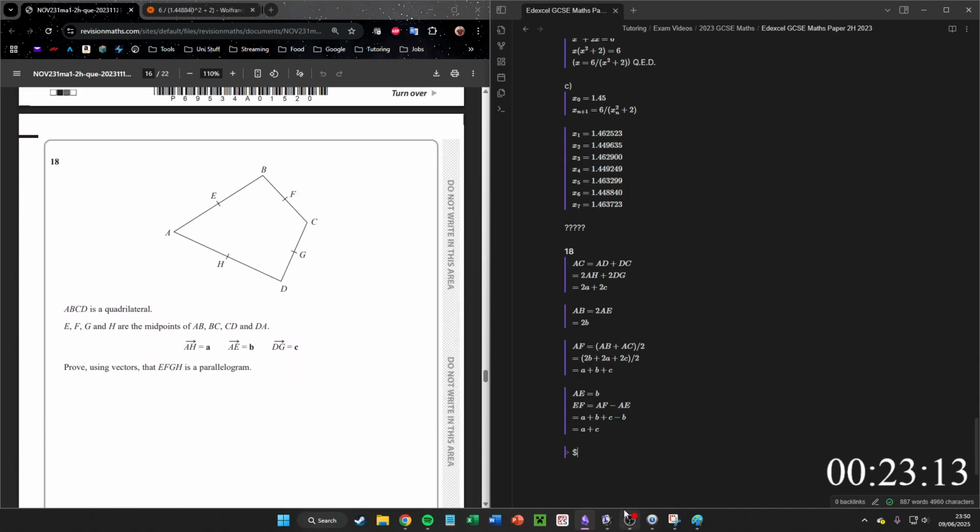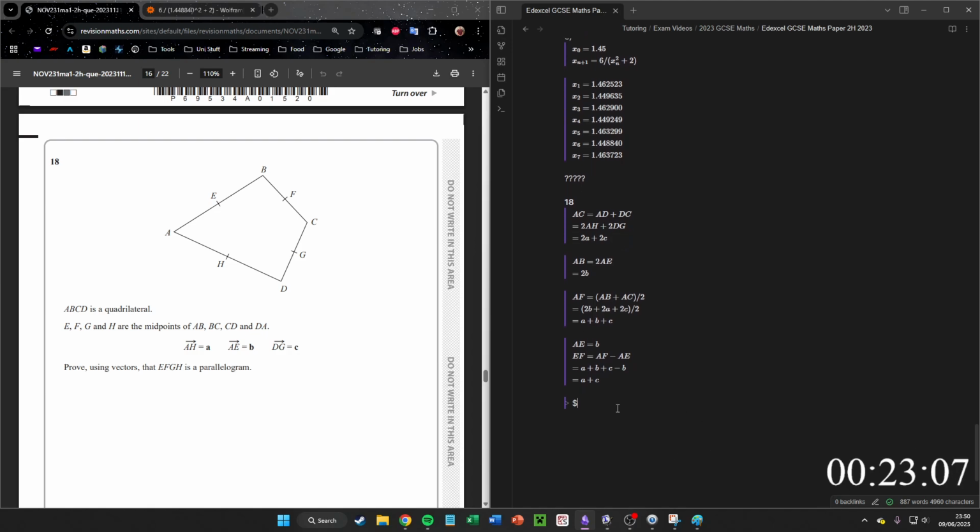Okay, but we do have to go back and do the iteration question. So let's continue. So FG is equal to, hang on. We have AF already, don't we? Do we have AG?